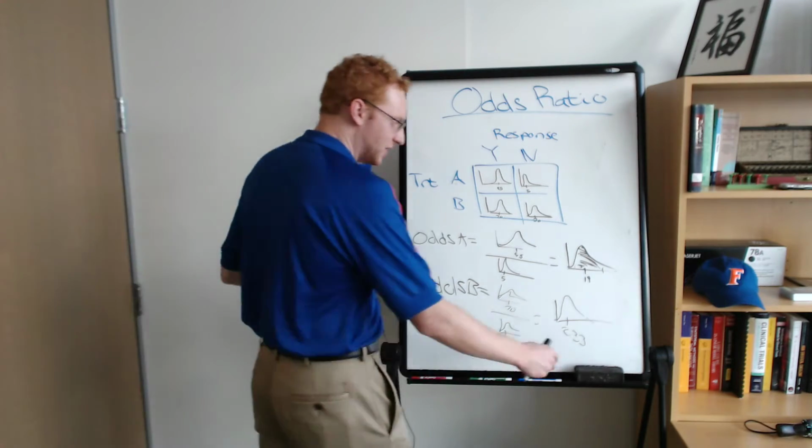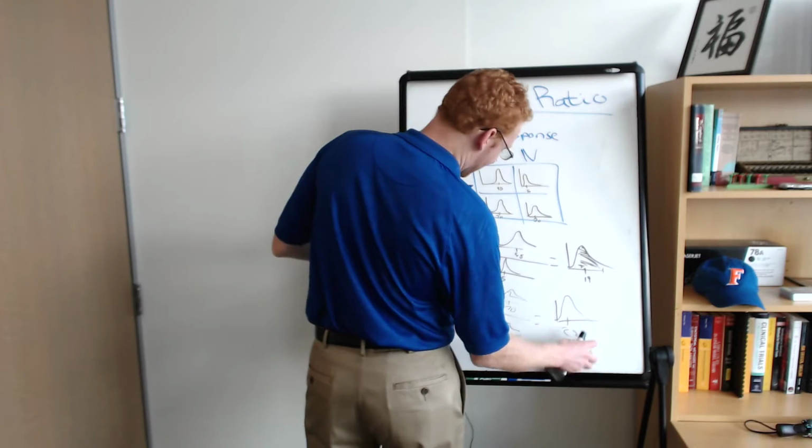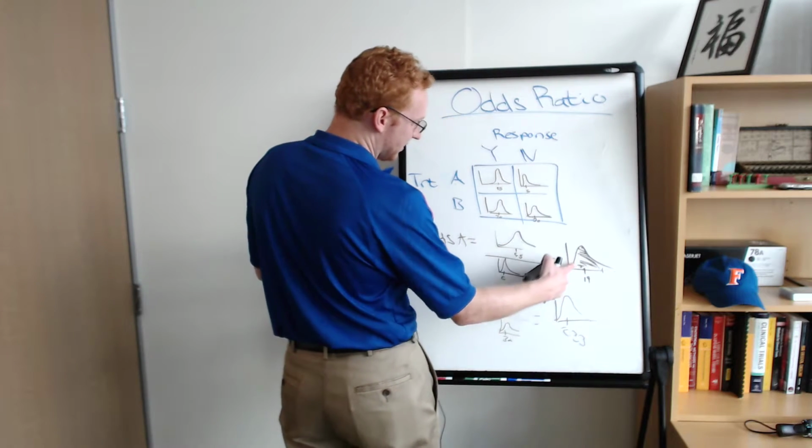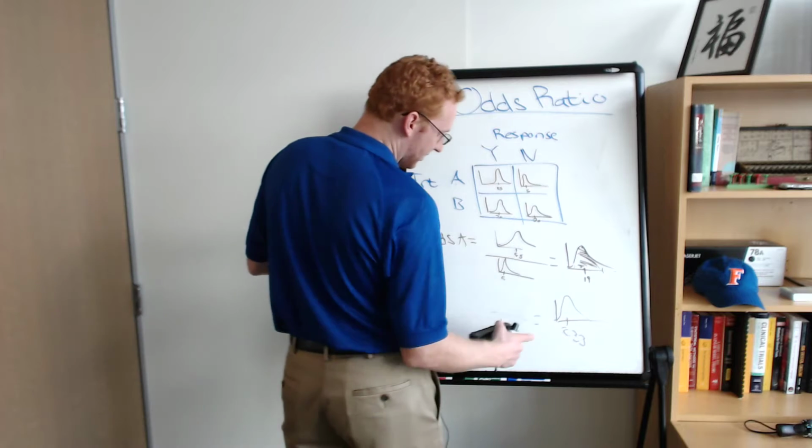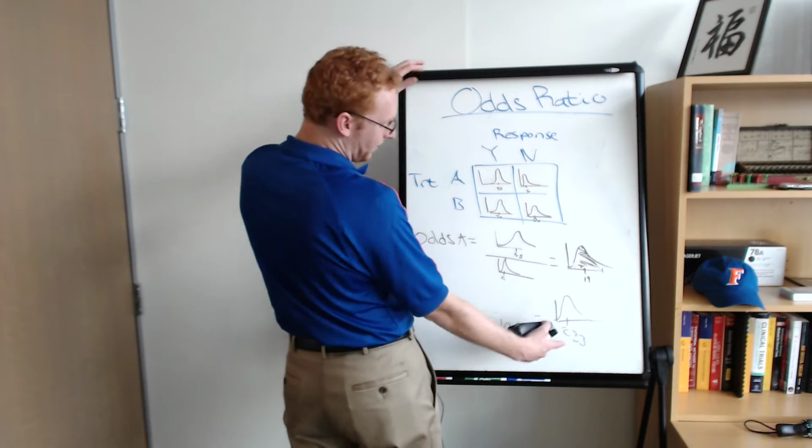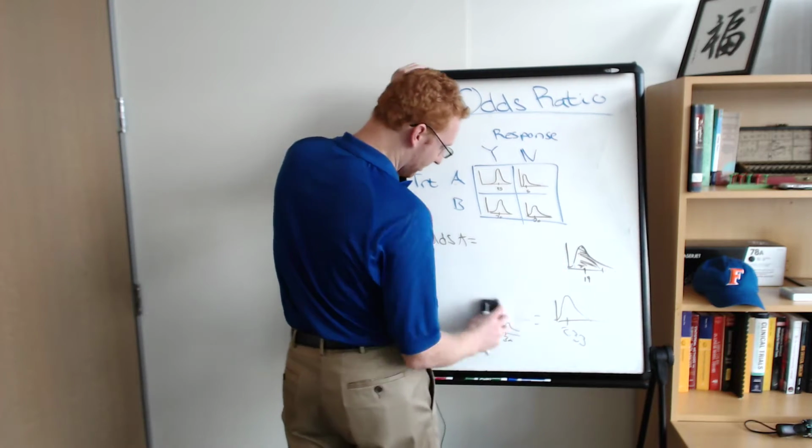So then, doing more voodoo math, the odds ratio would be this distribution that includes 19 divided by this distribution that includes 2.33.